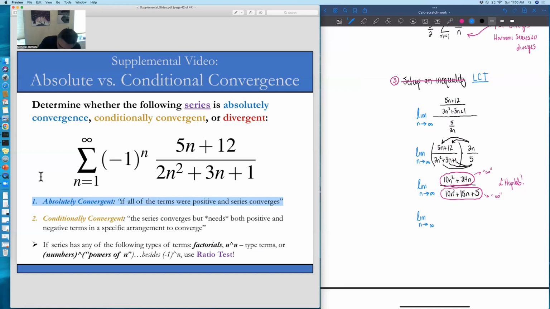So let's do L'Hopital's rule to help us with this limit. So we have the limit as n goes to infinity. Taking a derivative of the numerator, we get a 20n plus 24. Taking a derivative of the denominator, we get a 20n plus 15. And now, after doing L'Hopital's once, we reevaluate that limit.